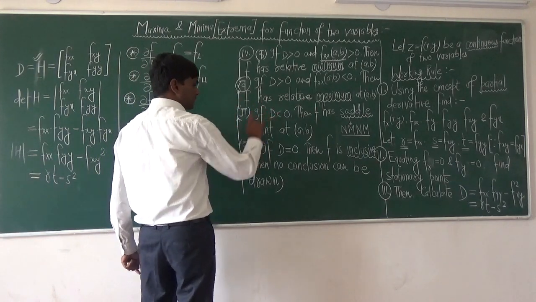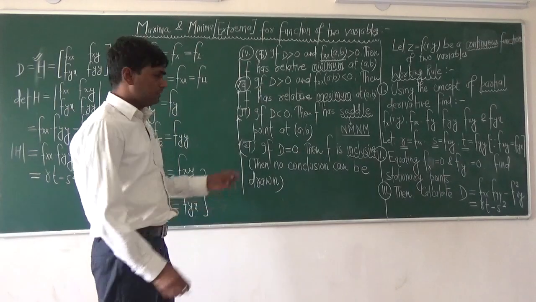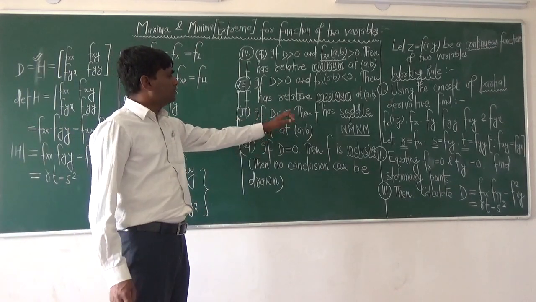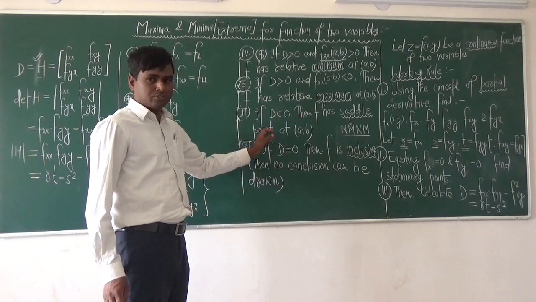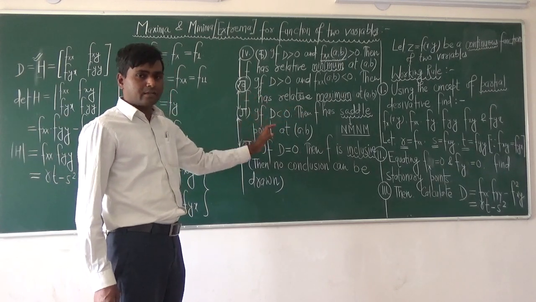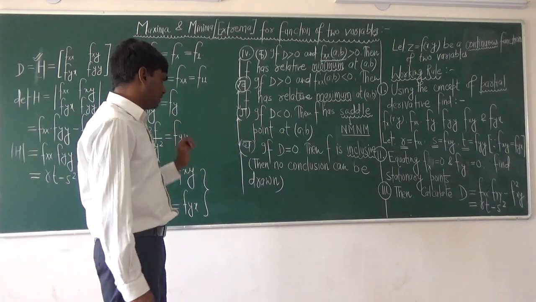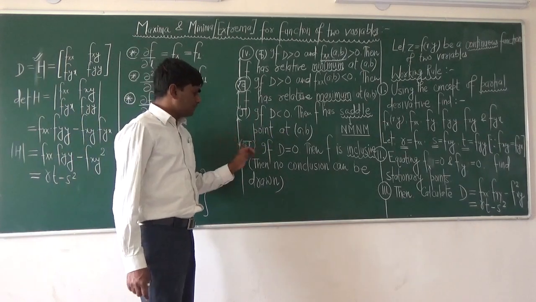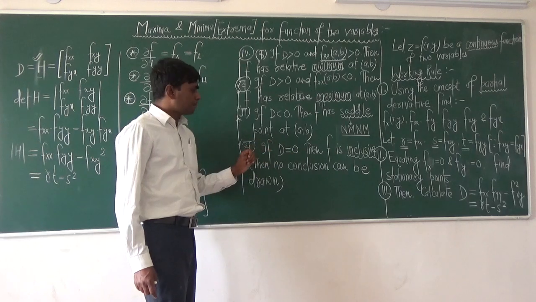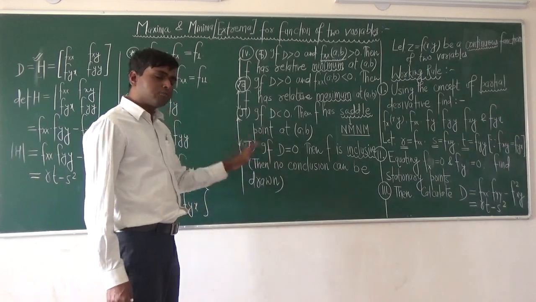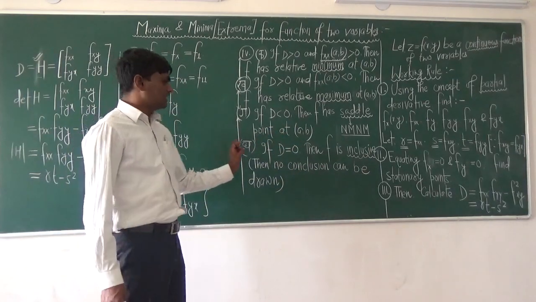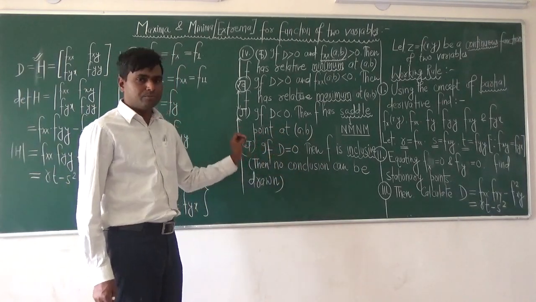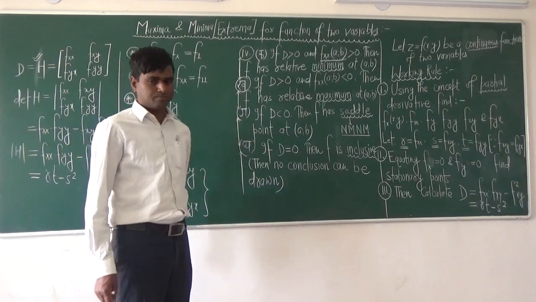If D is less than 0, then f has a saddle point, meaning the given function has neither maximum nor minimum. If D is equal to 0, then no conclusion can be drawn about f. It means we cannot say it is either a maximum or minimum or a saddle point.